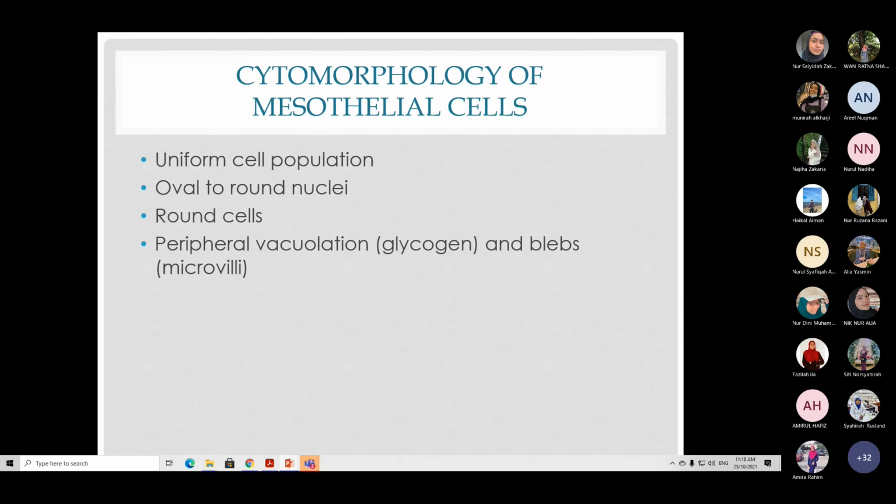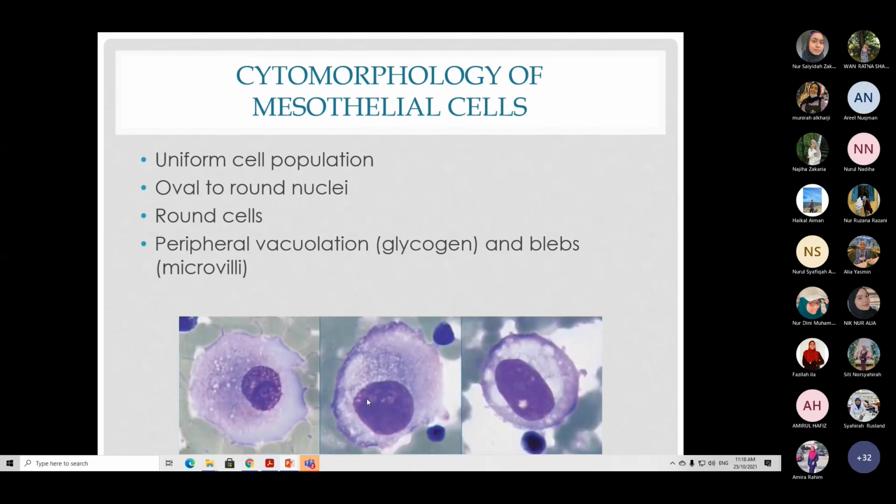I mention normal first; after this, we go to the disease cells. First uniform, then second oval to round nuclei, and it has round cells. And peripheral vacuolation also appears in the normal mesothelial cells, and blebs, which are microvilli. I'll show you the image.